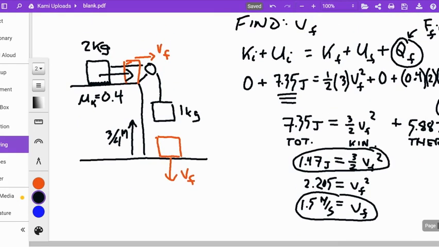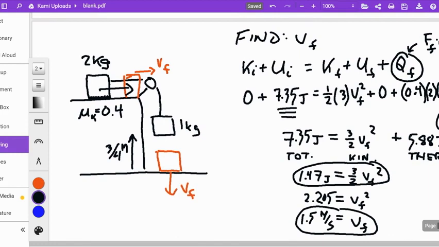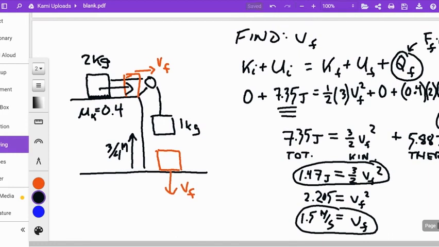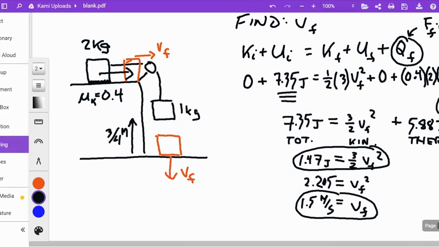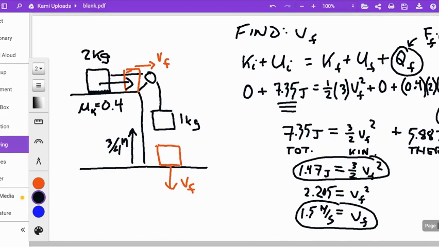So that's how you solve these problems. We're using energy here. We're not using Newton's laws. We're not finding the acceleration of the system, and we're not working out the details to find the kinematics part. Energy conservation is like one-stop shopping.